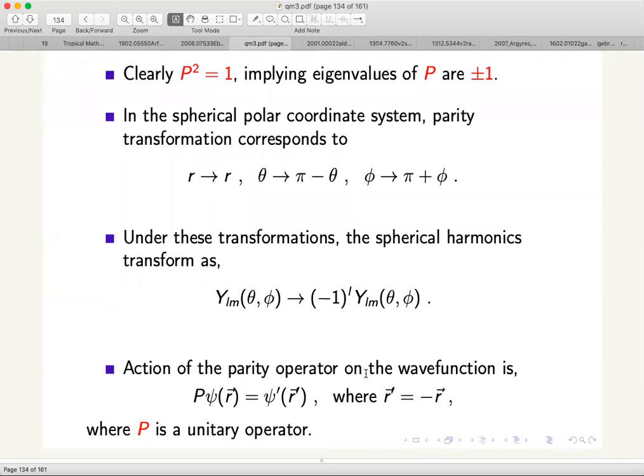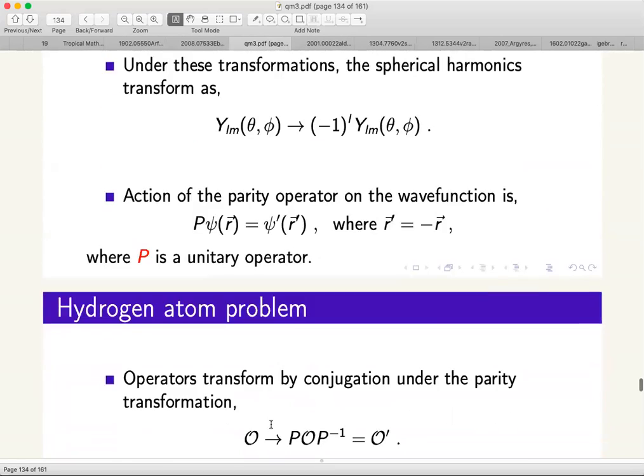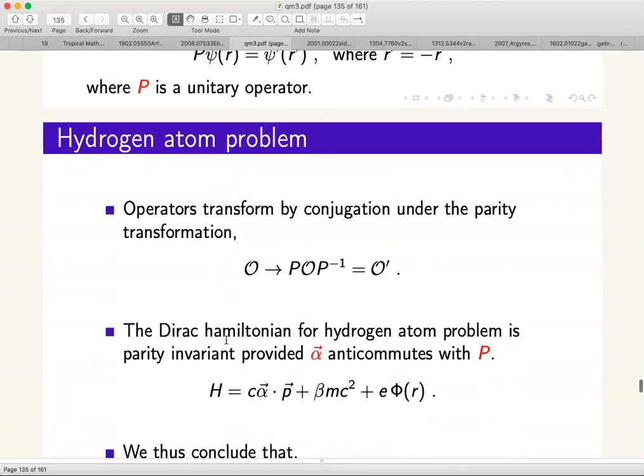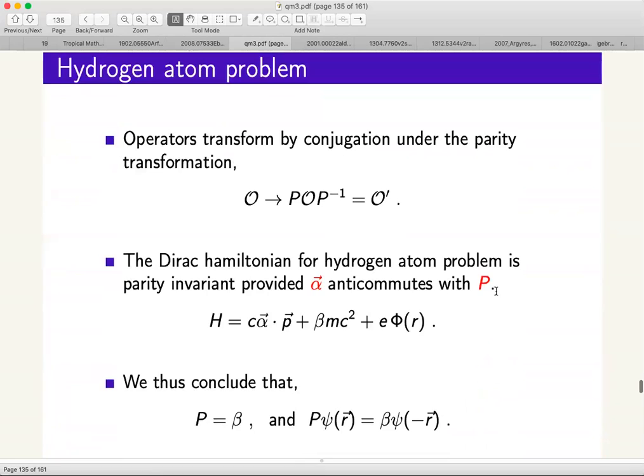Then we also tried to figure out the action of the parity operator on the Dirac wave function. That would correspond to psi prime of R prime, where R prime is minus R. We figured this out by studying the properties of operators, and particularly the Hamiltonian, which should be parity invariant, so that the parity operator should be proportional to beta, such that the Hamiltonian would commute with the parity operator.